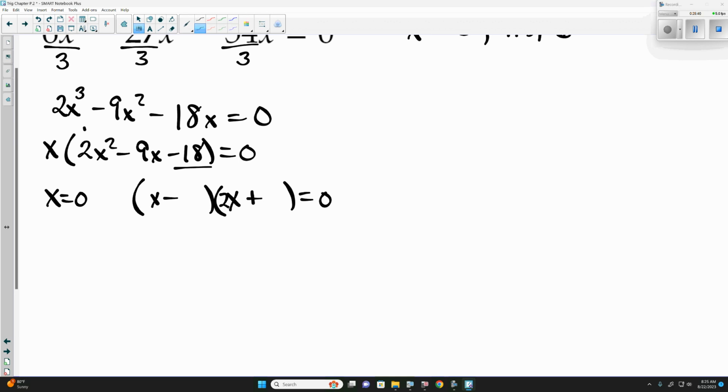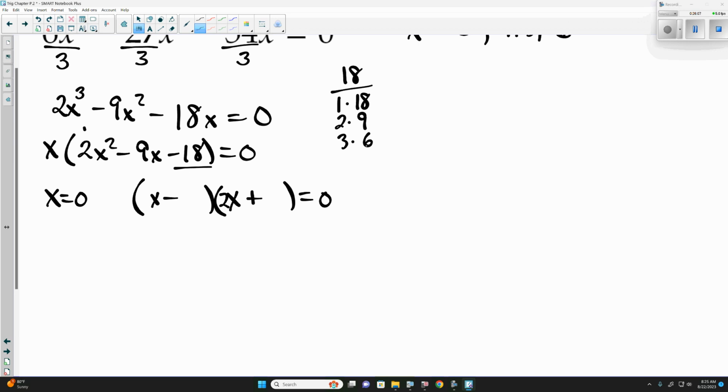Because really, when we're doing most factoring, I just throw them down and check at the end and then adjust accordingly. And for time's sake, I know that the middle term has to be negative, so most likely the 2x has to attach to the plus so that it's multiplying with the negative. Now 18's 1 times 18, 2 times 9, 3 times 6.